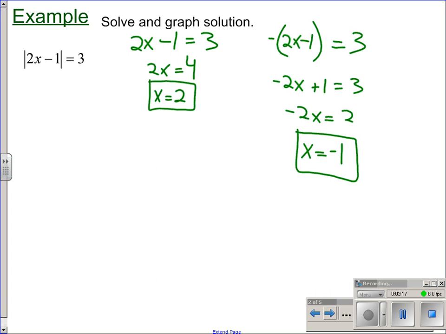And the reason for that, if we wanted to look at this graphically, we're just going to graph each side of the equal sign. y equals 3 is a horizontal line.